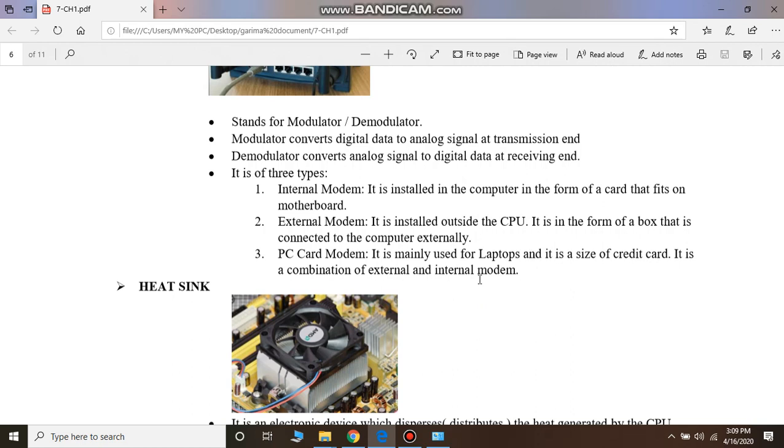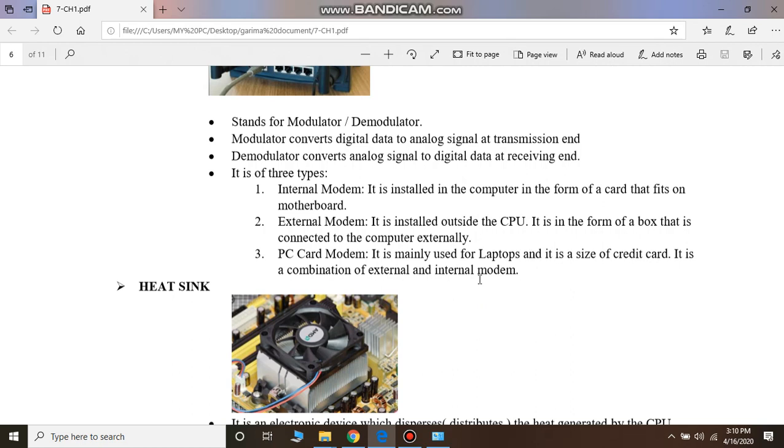Now at computer 2, again there will be a modem connected. What is the task of this modem at computer 2? The signal or file that has been sent from computer 1 through the telephone line has to be converted into digital form so that it is readable by computer 2.